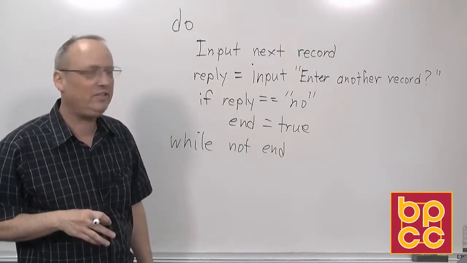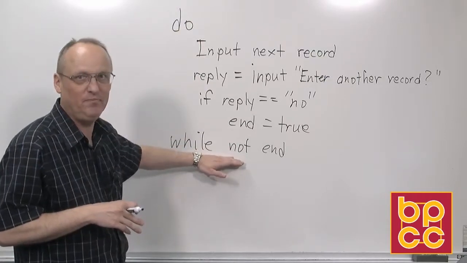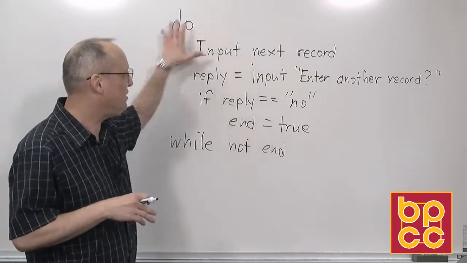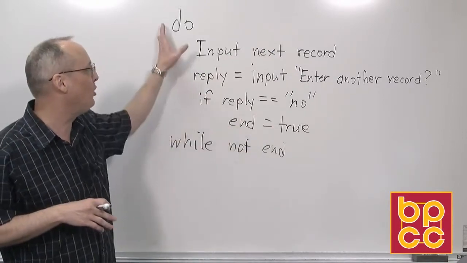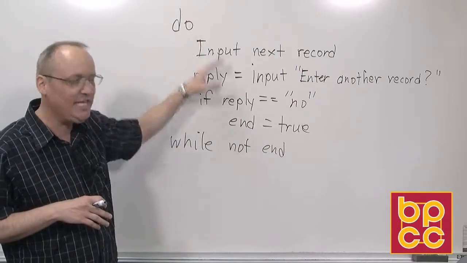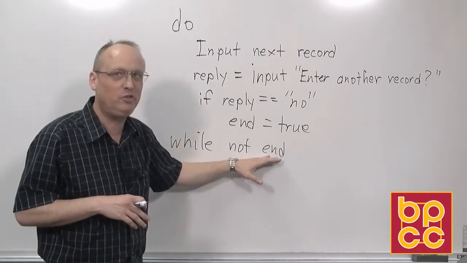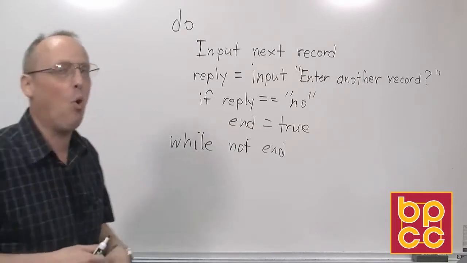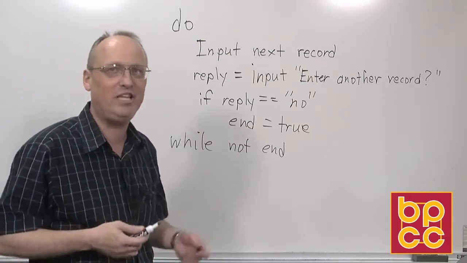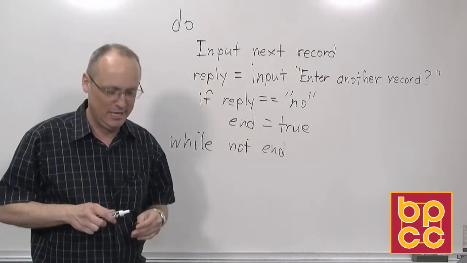The important difference is the while statement is put at the bottom of the loop. This configuration right here guarantees that this loop will always run at least once. And then whenever end becomes true, it will then exit out. It could run once, or it could run 5 times or 10 times, or however many records that the user chooses to enter.